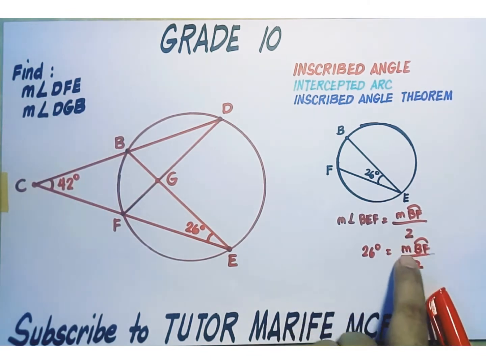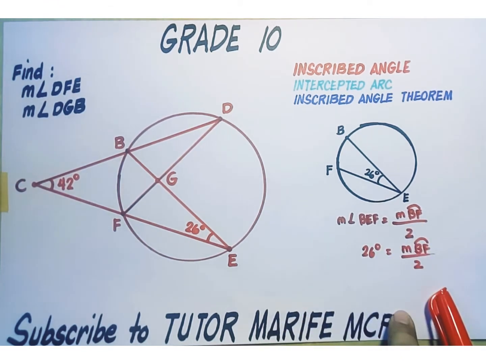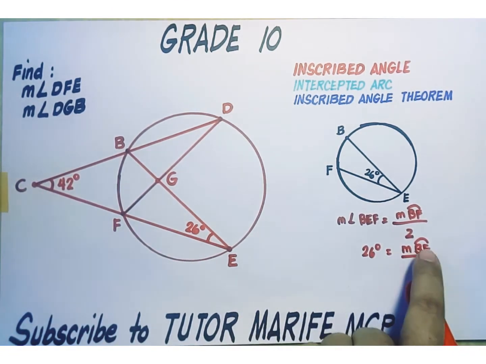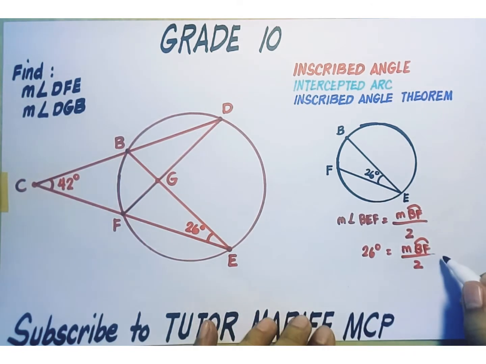To solve for the measure of arc BF, we need to isolate it on the right side of the equation. We're going to use the multiplication property of equality to isolate measure of arc BF on the right side. Let's multiply both sides of the equation by 2.